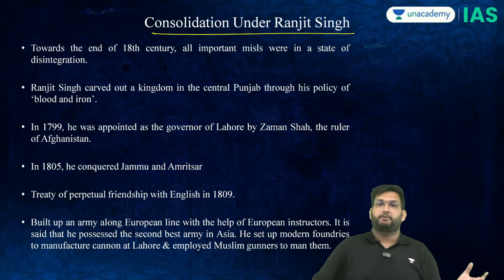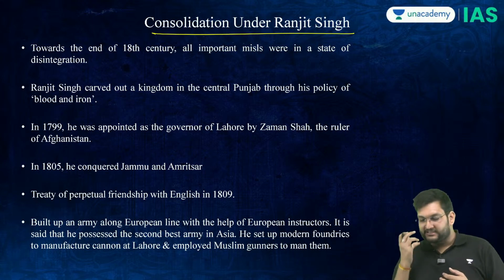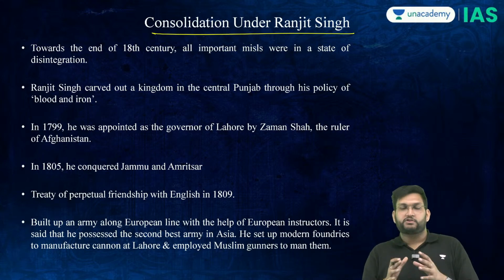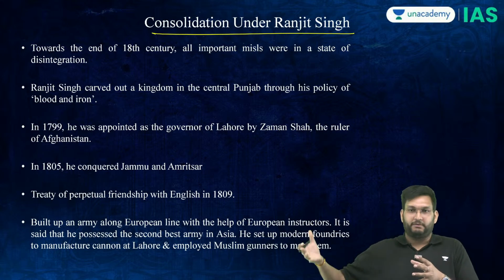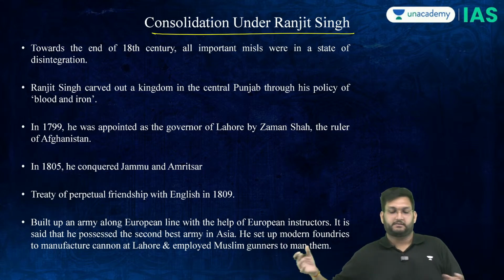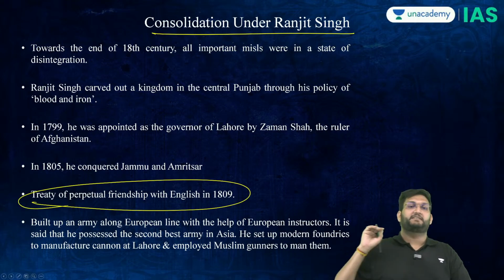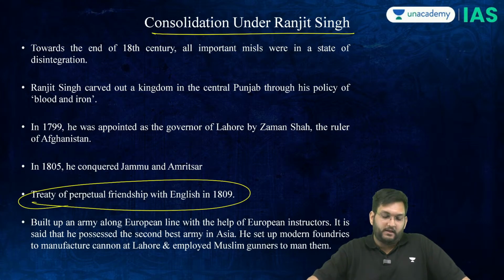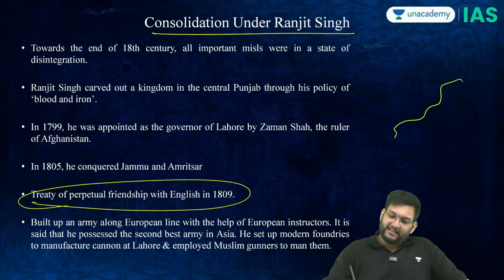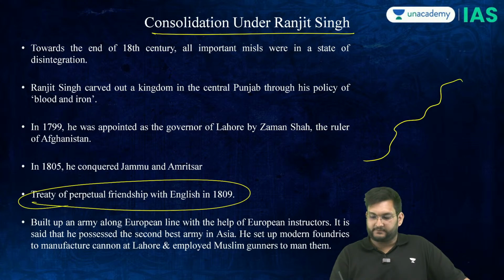He also was able to take control of the Lahore sector, parts of Afghanistan, through Zaman Shah. But his most important activity was that he modernized the army, second best to the Marathas. But at the same point of time, he signed what is called the Treaty of Amritsar, or the Treaty of Perpetual Friendship. And that too with the English. The idea was, the Satluj River was made the border between the English and the Sikhs.